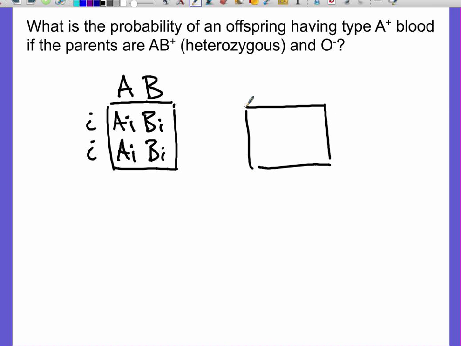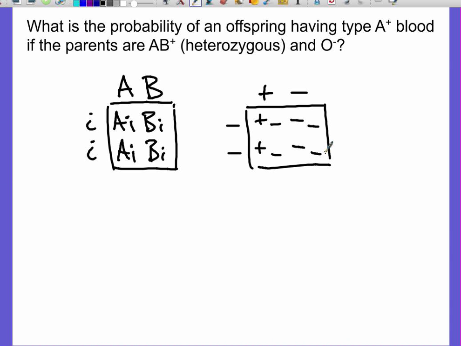Since it said that the AB positive was heterozygous, I'm going to assume that that person has a plus and a minus, has both the dominant and recessive allele. Whereas if that other parent is negative, you know they have to have two negative alleles. So I'm going to cross that separately. And then I'm going to use these two Punnett squares to come up with my answer.